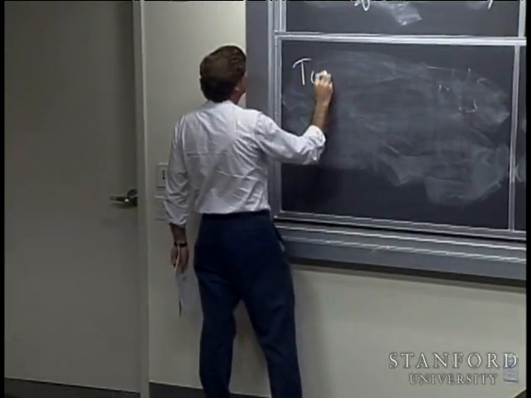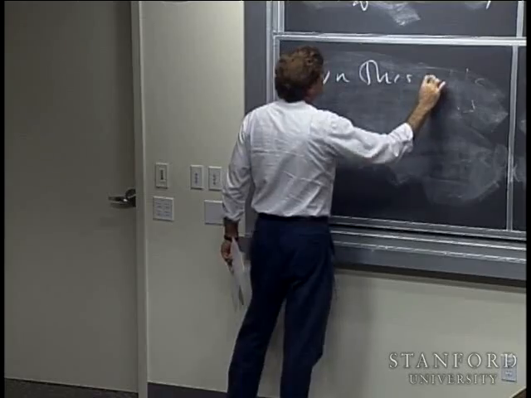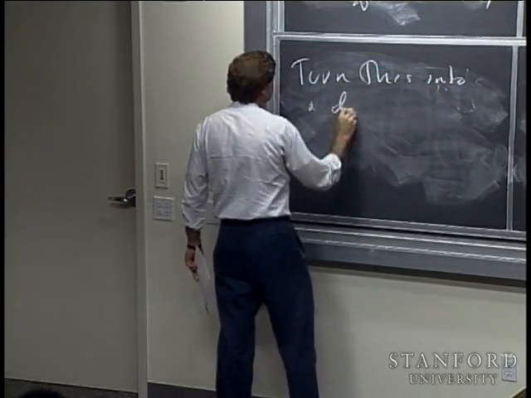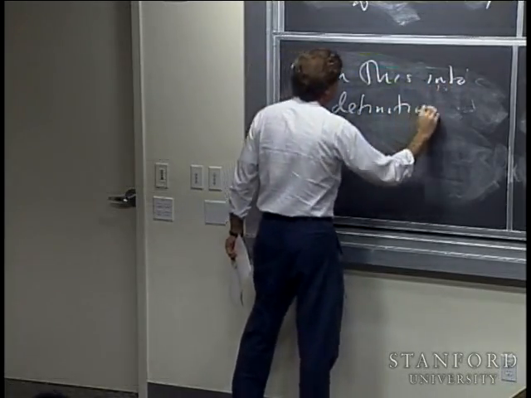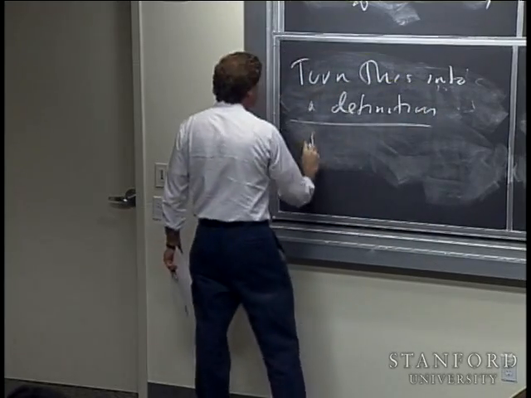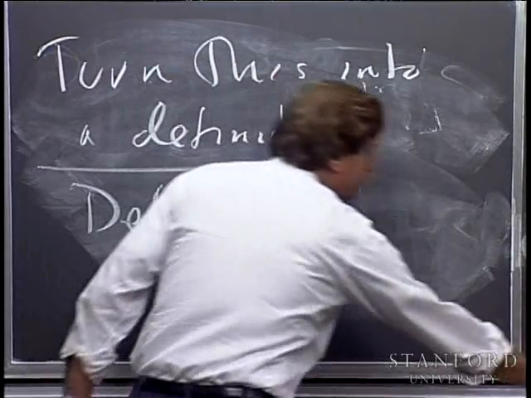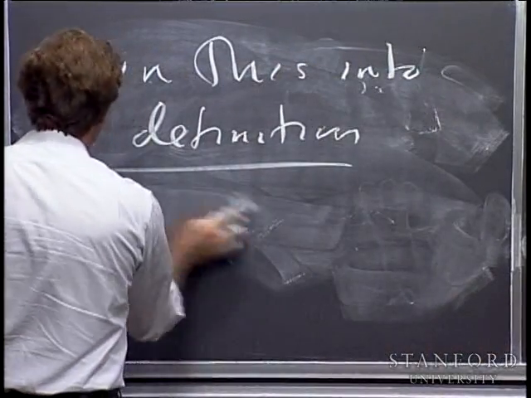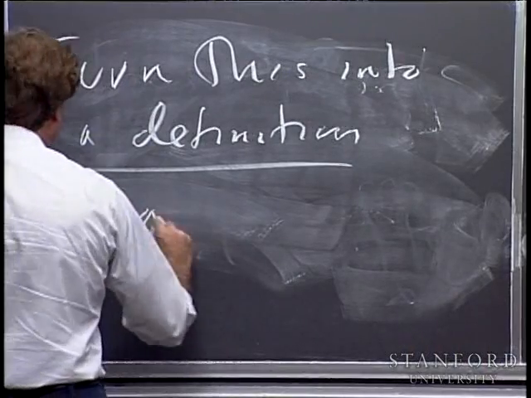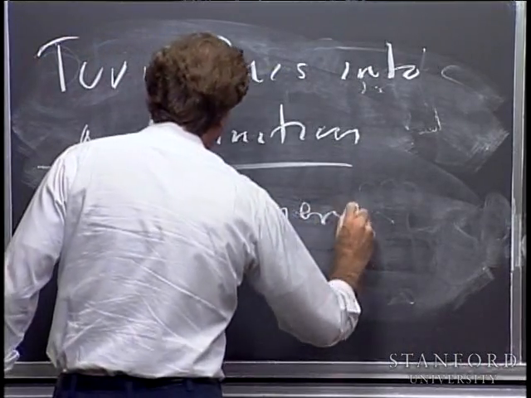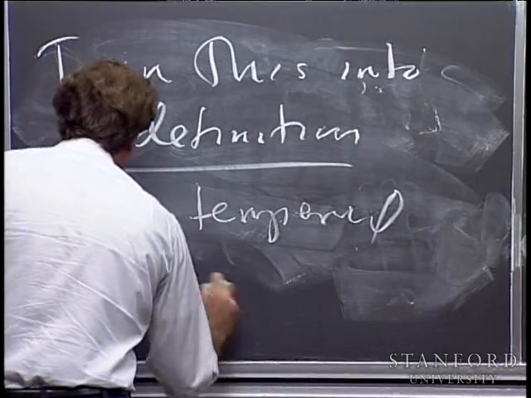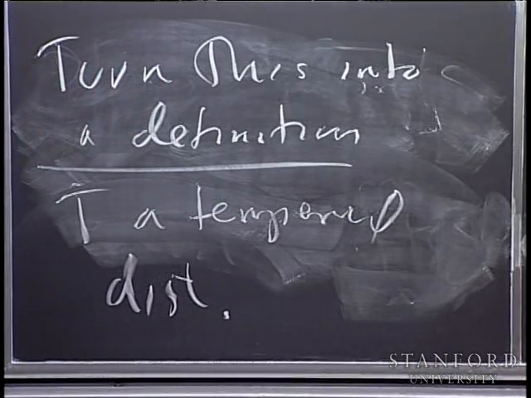Turn this into a definition. Define the Fourier transform. So again, I'm telling you, for a given tempered distribution t, I want to define the Fourier transform. I want to define a distribution.